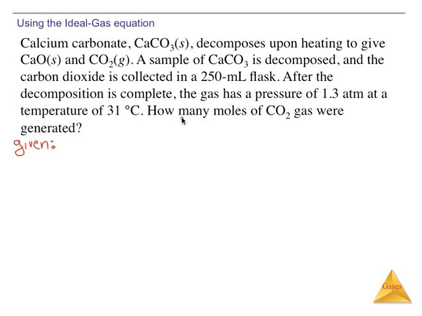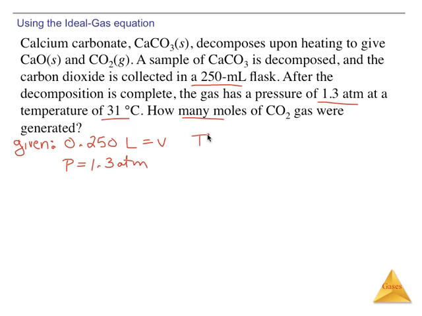I'm really asked for the number of moles of CO2 gas. So I know that the carbon dioxide is collected in a 250 milliliter flask, converting in my head to liters, the volume is equal to 0.250 liters. The gas has a pressure of 1.3 atmospheres.